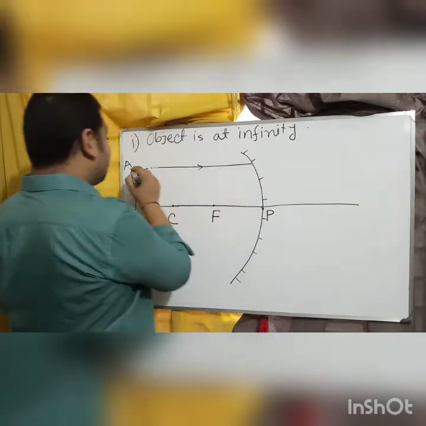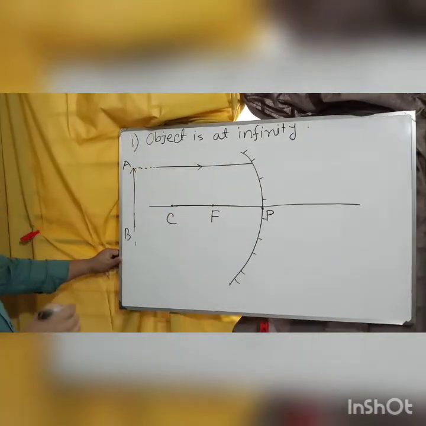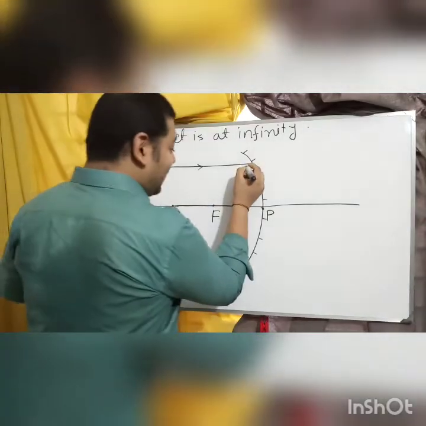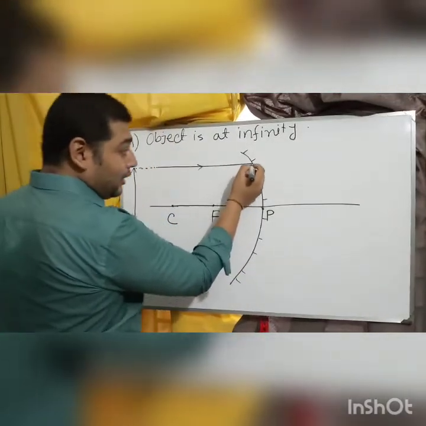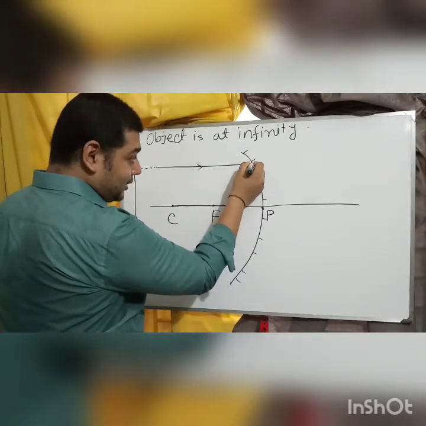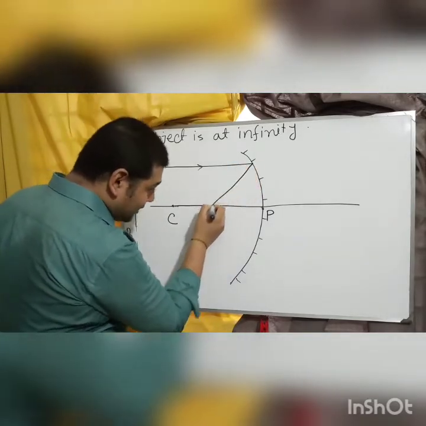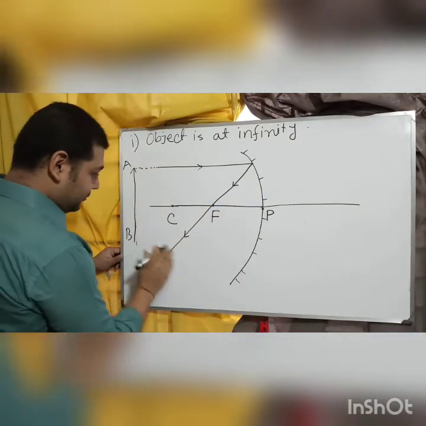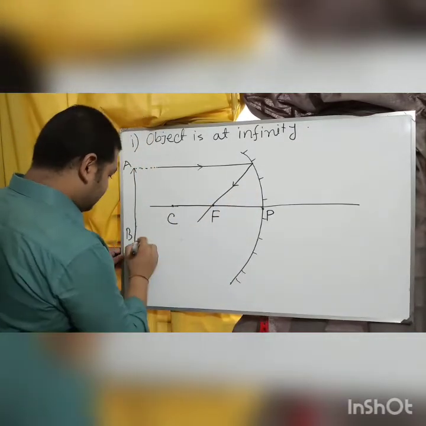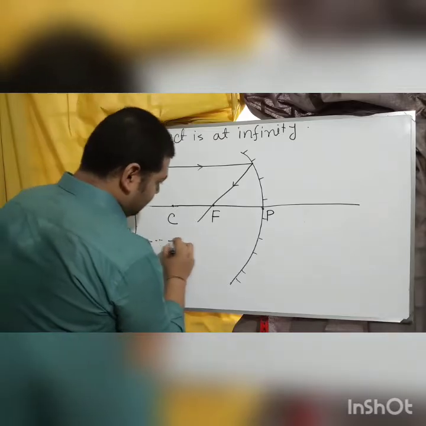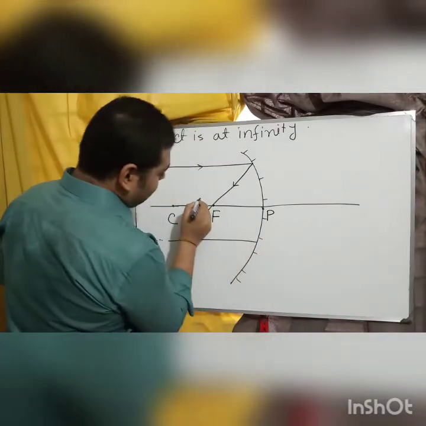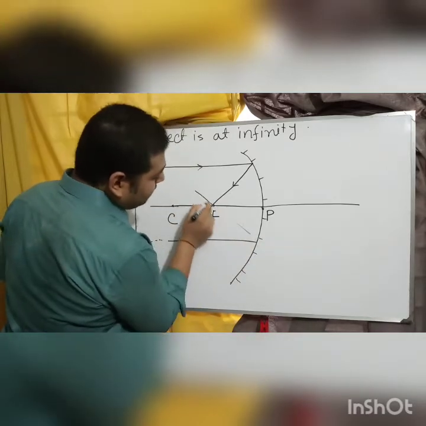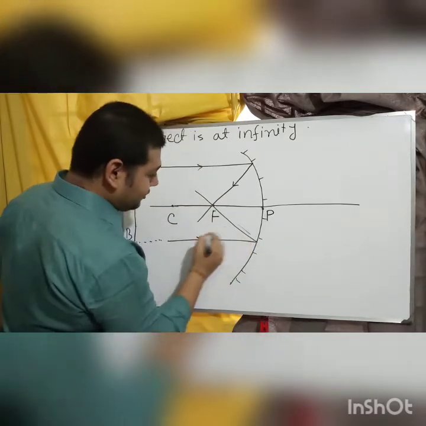The rays come from the object, and we get some reflected rays. This is our first reflected ray, and this is our other reflected ray.